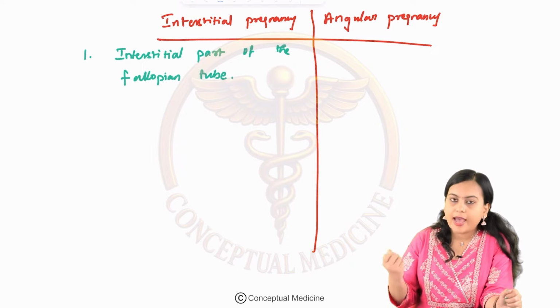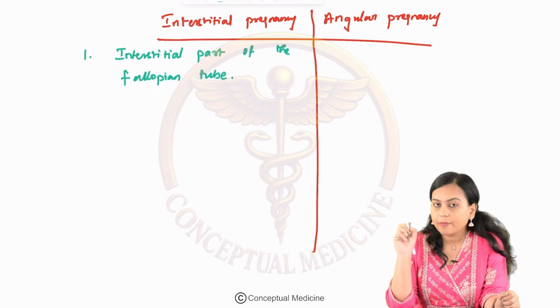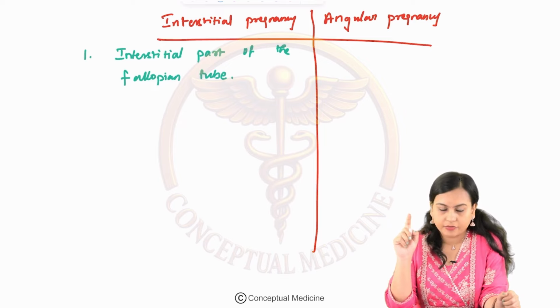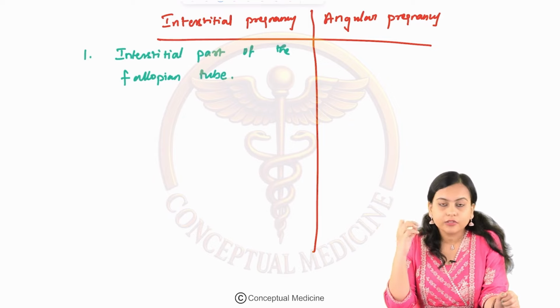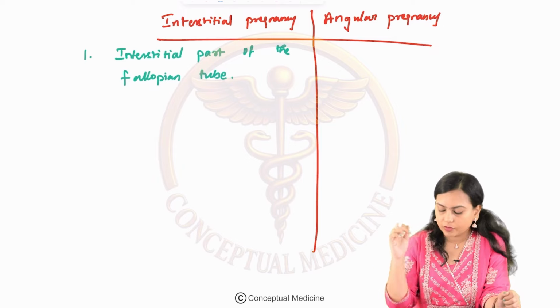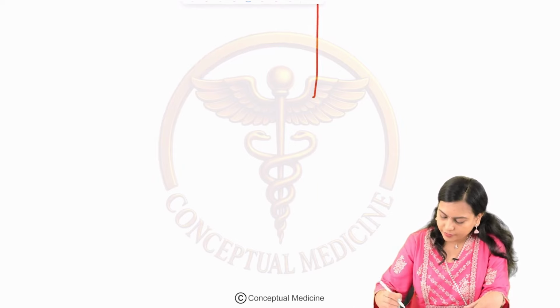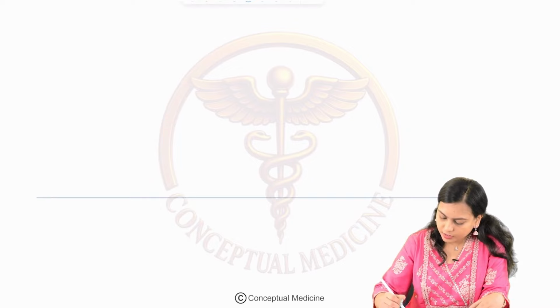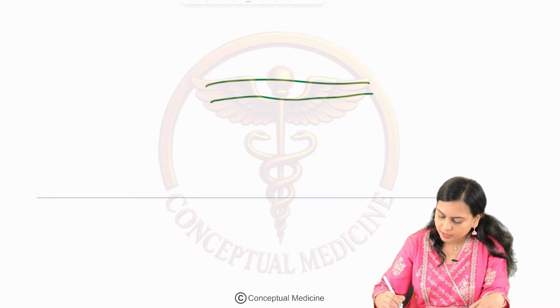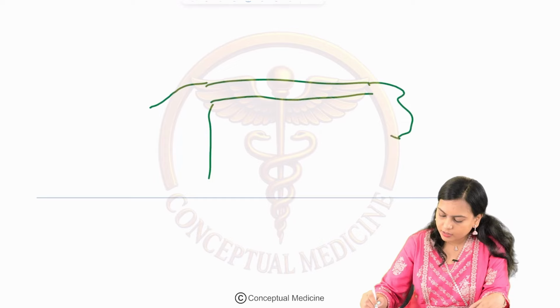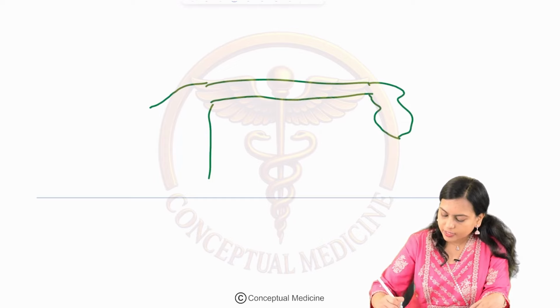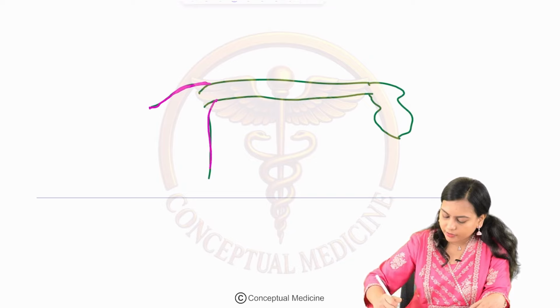Whereas angular pregnancy is a pregnancy that happens in the endometrial cavity itself. But remember, it will be happening just medial to the uterotubal junction. Suppose I draw a picture like this, you have an interstitial pregnancy here, this is the tube, and let us consider this as the uterus, the endometrial cavity starting from here.